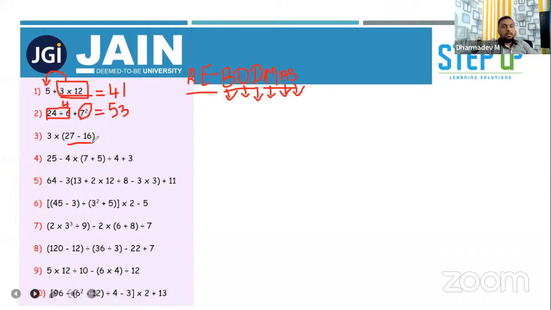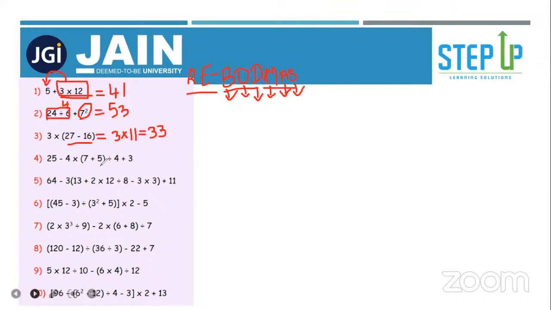Done. Next, inside the bracket, 27 minus 16 is 11. 3 times 11 is equal to 33. Clear with that?